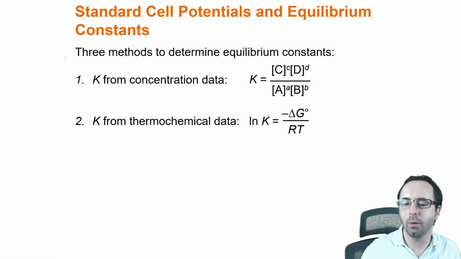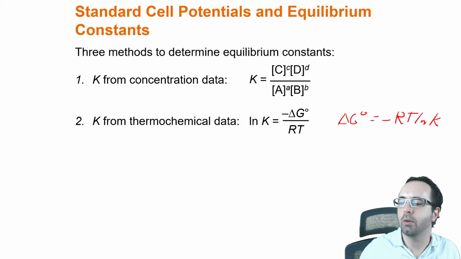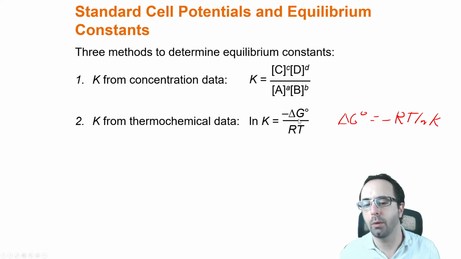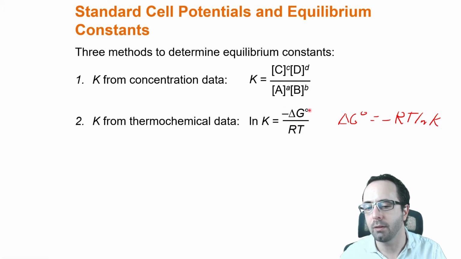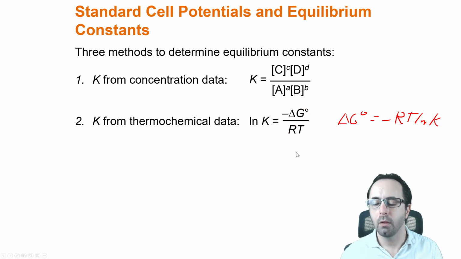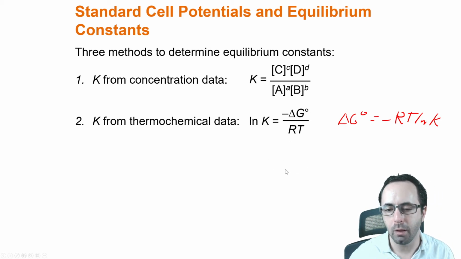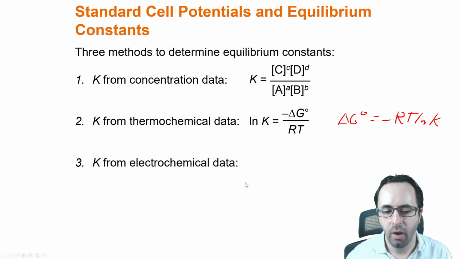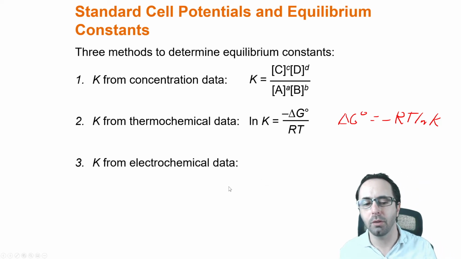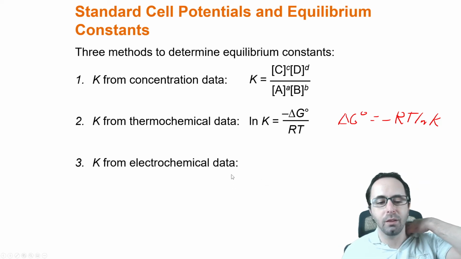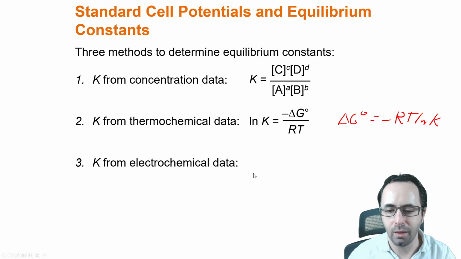Using the equation, usually written delta G standard equals minus RT ln K, if we solve that for the natural log of K, we get natural log of K is negative delta G standard over RT. So if we have delta G standard, that's a way that we can get the equilibrium constant for a reaction. Finally, if we have electrochemical data on a reaction, we can use that to determine the equilibrium constant.